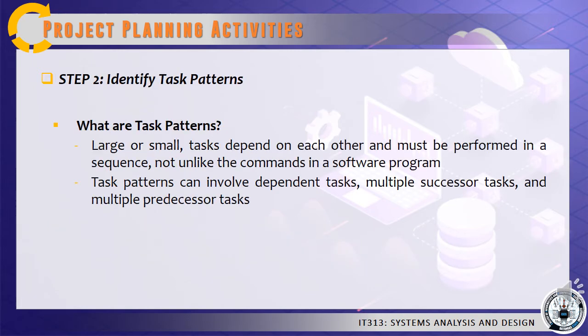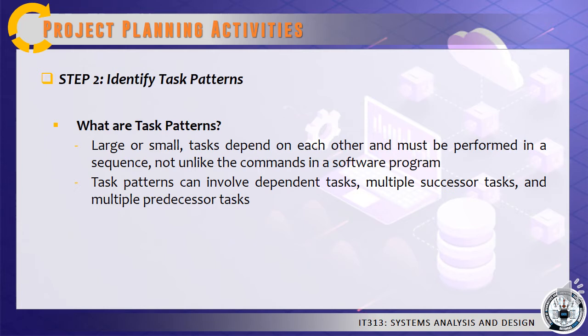Step 2 is to identify task patterns. Tasks in a work breakdown structure must be arranged in a logical sequence called a task pattern. In any project, large or small, tasks depend on each other and must be performed in a sequence, not unlike the commands in a software program.